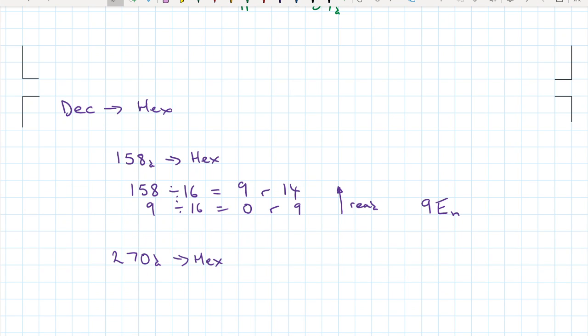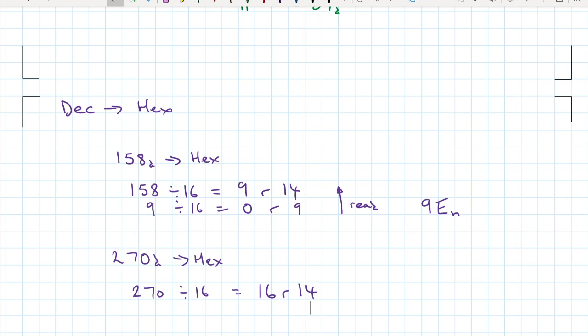So why do we do it the way we've done it? Because you might say, well, I already had my answer on that line there. Okay, so let's take a slightly bigger number and look at this. So we've got 270 divided by 16. Okay, what happens?